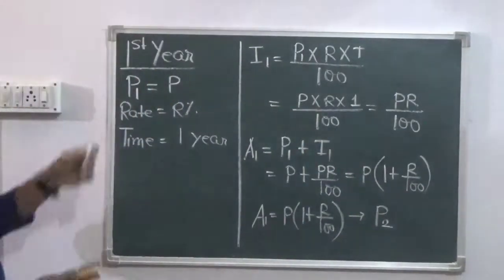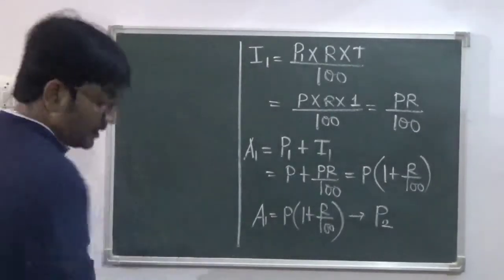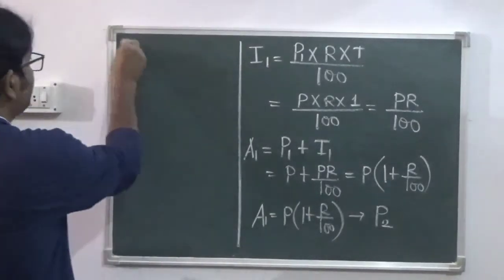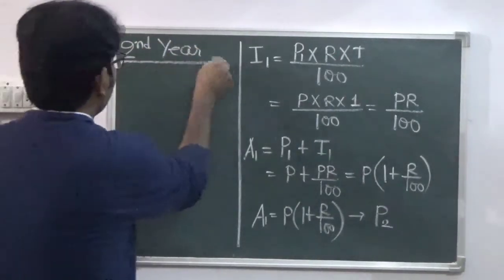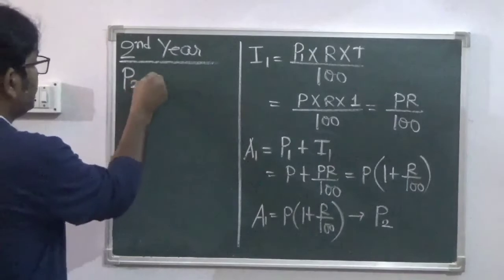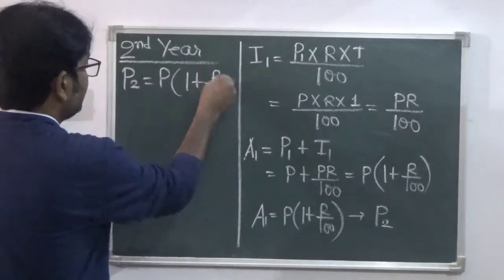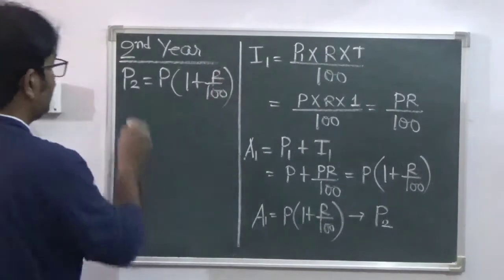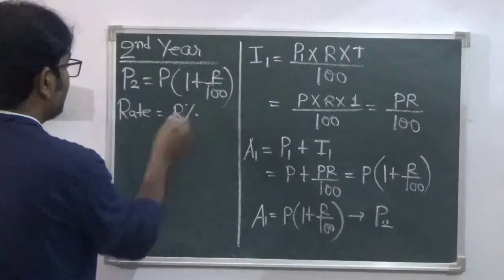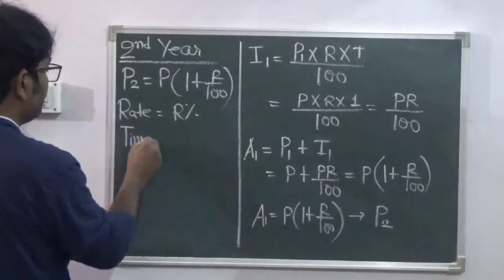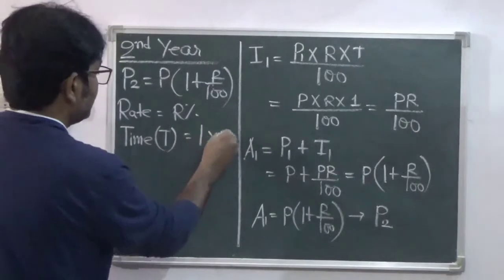So here we will move on to the next year now, second year. Let us see what is the status of the second year. So you have second year, let the P2, P2 is this one, P into 1 plus R by 100. So rate remains the same, that is R percent, and time T equals 1 year.